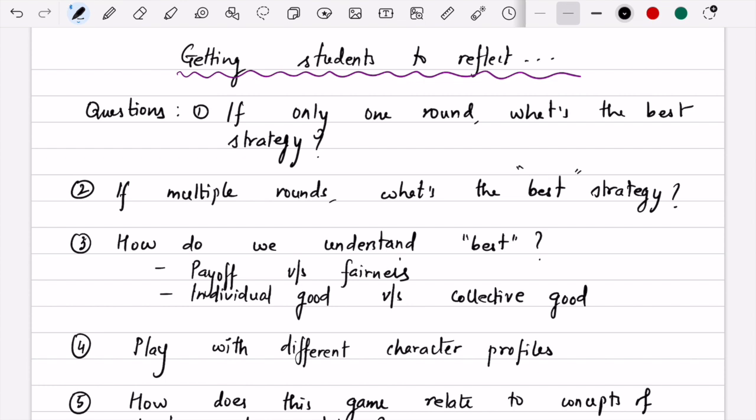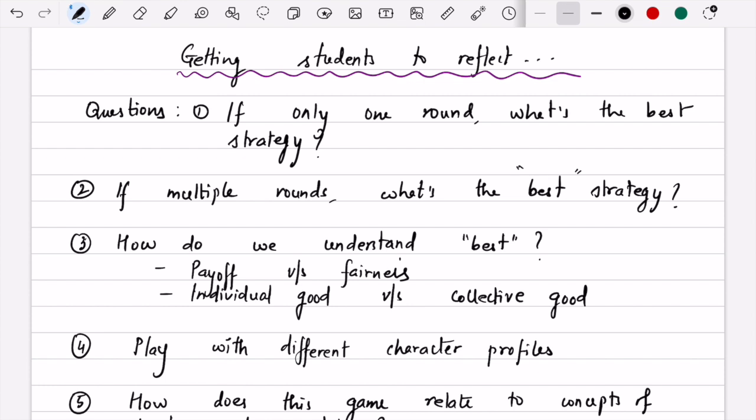And you can also ask some questions like, okay, if I'm playing against a grudger, then what is the best strategy for me? What is the character profile that is going to be the best one to adopt if my opponent is a grudger? Things like that.